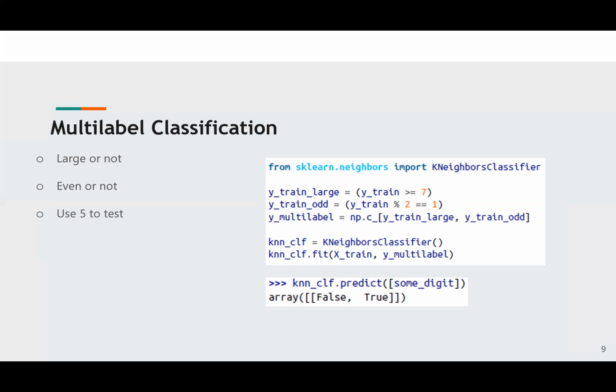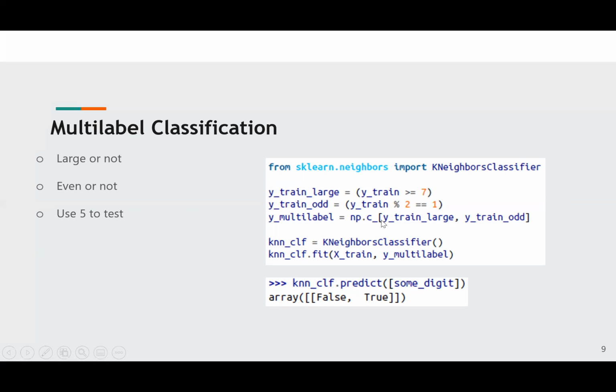But in this case, we define something new. We have multiple labels. For example, based on the y_train values, anything larger than or equal to 7 we call y_train_large, and anything with a remainder of 1 when divided by 2, mod 2, we define as odd.